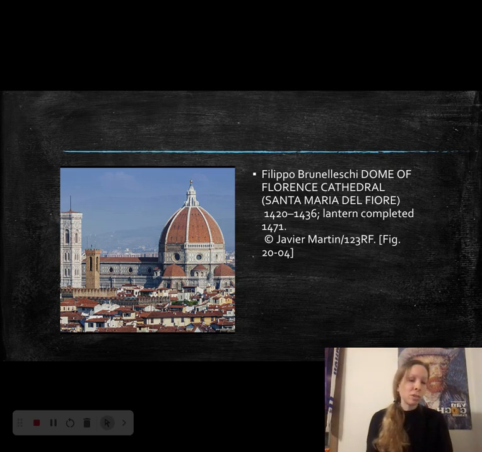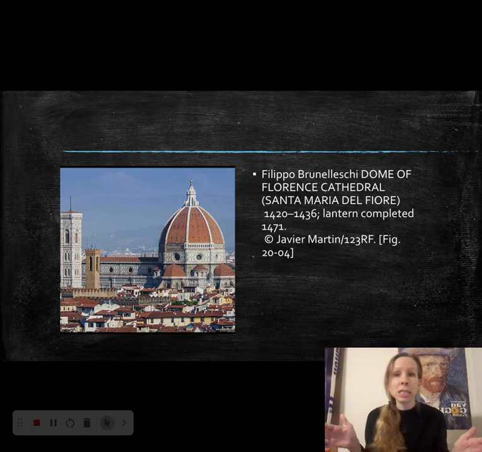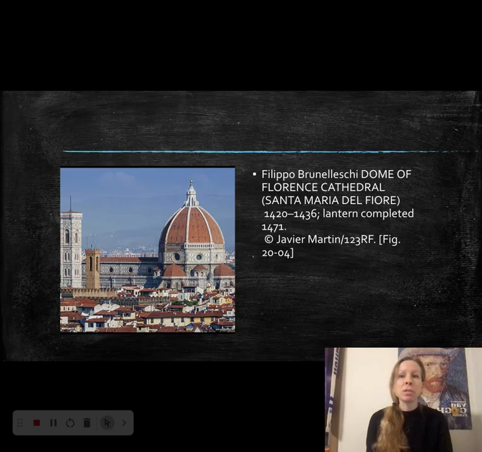With the lantern, it wasn't completed until 1471. It stands as one of the greatest engineering achievements of the Renaissance, and it's a very defining symbol of Florence. It rises above the city, and the dome crowns the Florence Cathedral, and remains the largest masonry dome ever built.